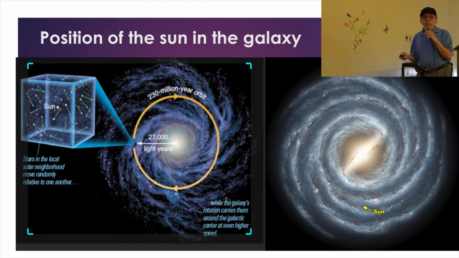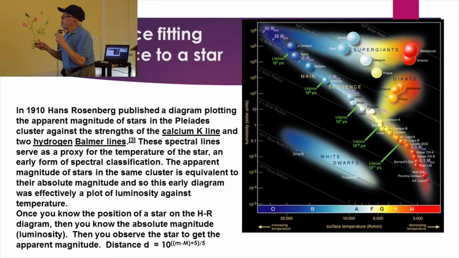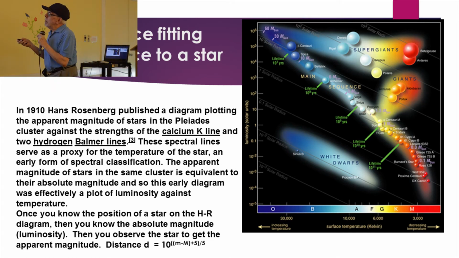So the sun is in a rather innocuous neighborhood. It's a mediocre star, by the way. It's a G-type star. If we go back to the Hertzsprung-Russell diagram for a moment, the sun is right there. It's right in the middle.